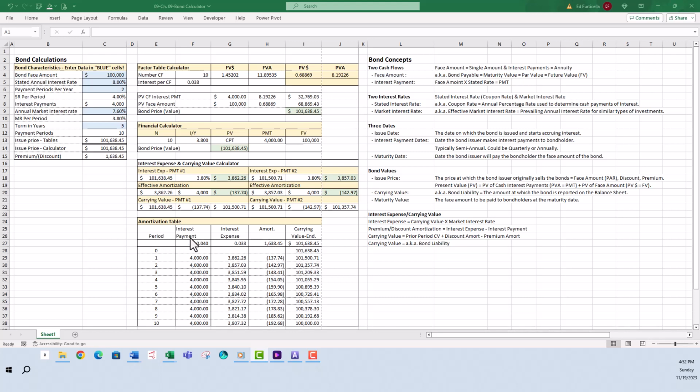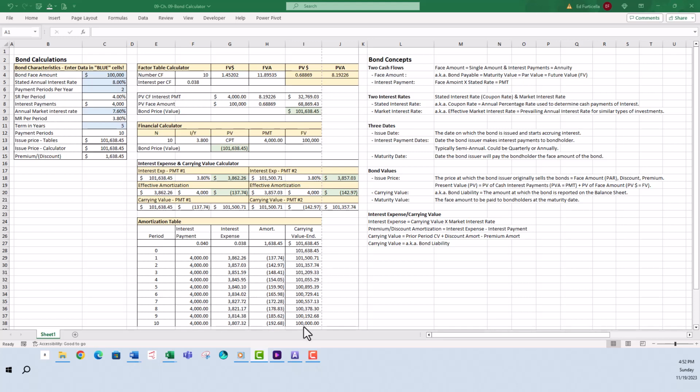Note that the cash interest payments never change. Also note that both the interest expense and carrying value decrease with each payment. The decrease is taking place because the amortization of the premium is driving the carrying value down towards its face amount. A lower carrying value will always result in a lower interest expense.